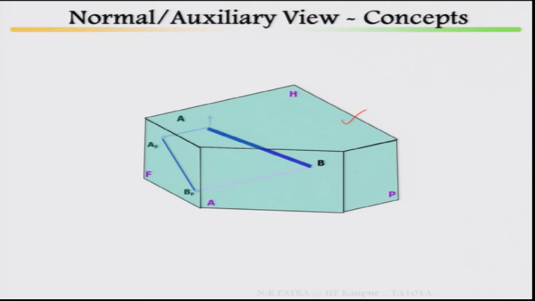From AB to the horizontal plane, draw the lines and name them AH and BH. Then from AB, draw the lines AA and BA with respect to the auxiliary plane. Then this is your true length.